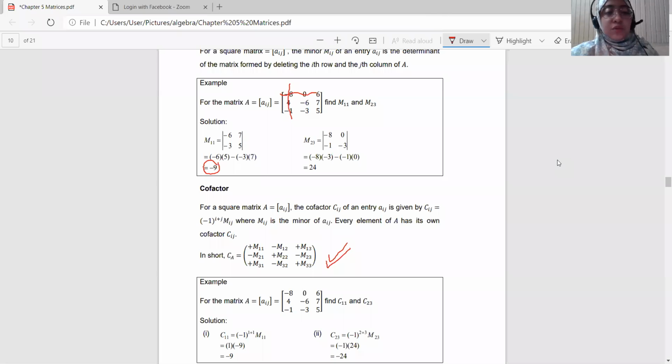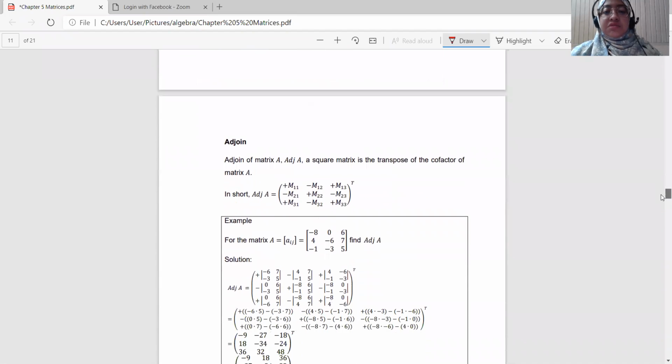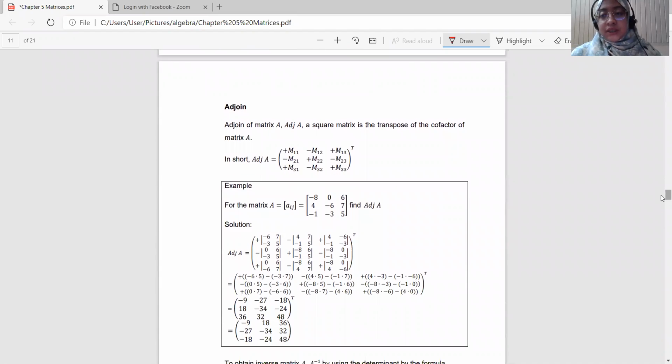And then when you get the cofactor, the adjoint is actually the transpose of the cofactor. What is transpose? You turn the rows into columns, or the columns into rows. It is a very simple step to get the adjoint.